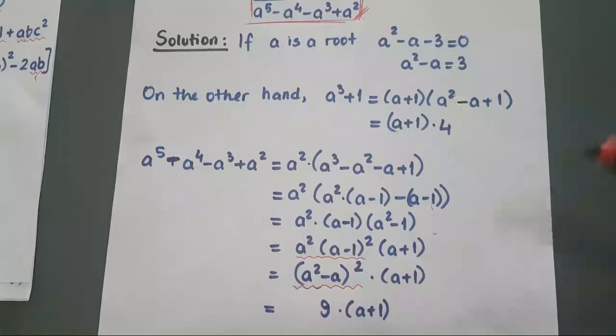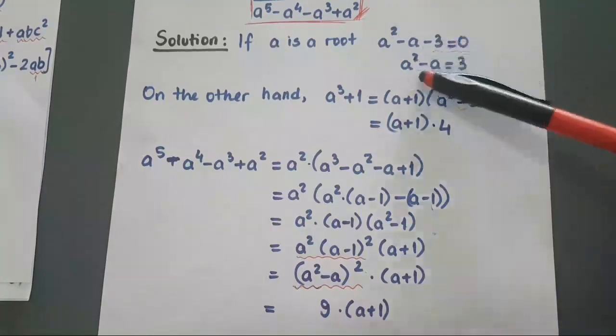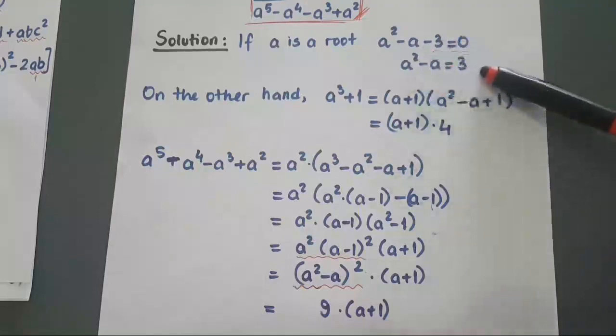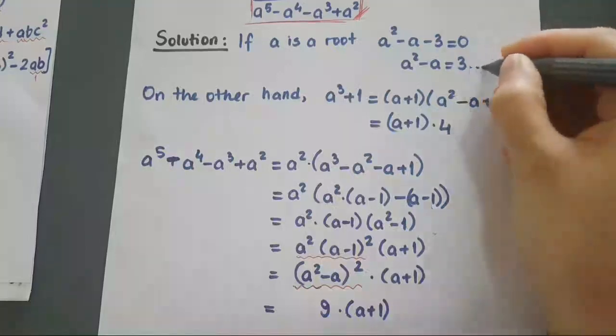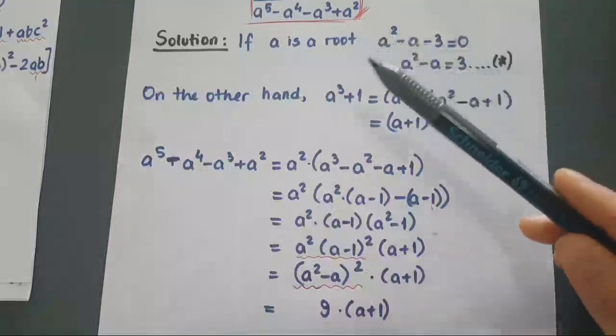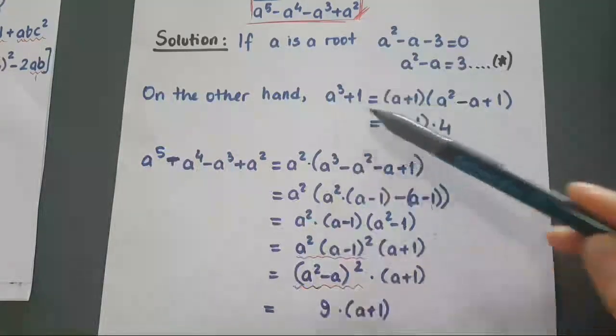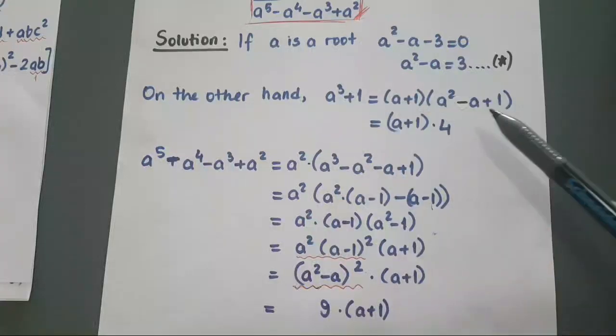We solved a similar problem, so we used the same method. We substitute a in the equation and we got a squared minus a is equal to 3. We use this form for the numerator and denominator. a cubed plus 1 is a plus 1 times a squared minus a plus 1.